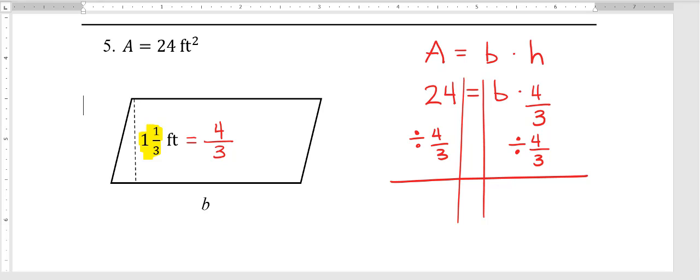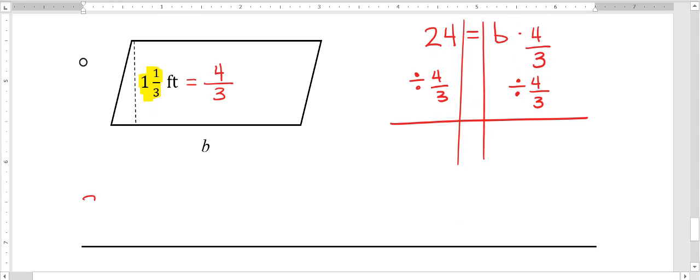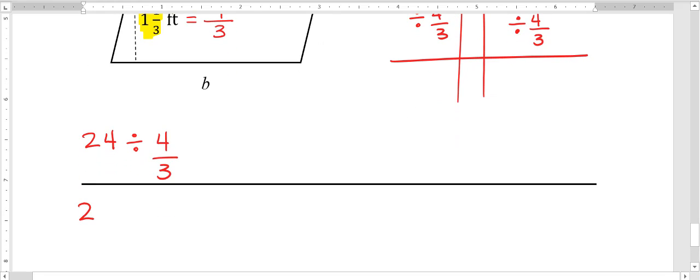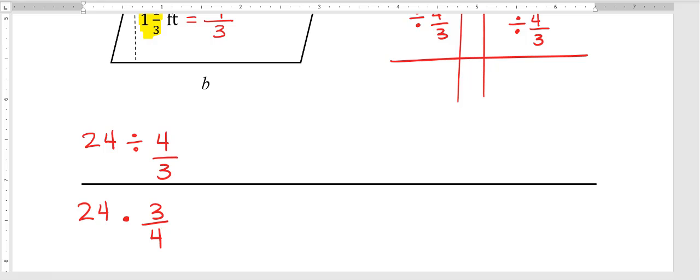Over here on the left, 24 divided by the fraction 4/3. How do you divide when you have fractions? You're going to say that that equals 24 times, and reciprocate that fraction, 3/4. So this is 24 over 1 times 3 over 4.